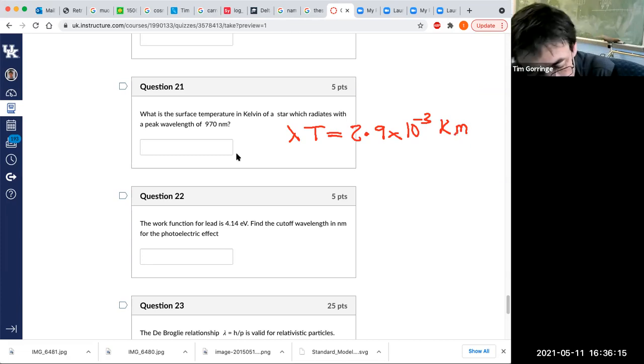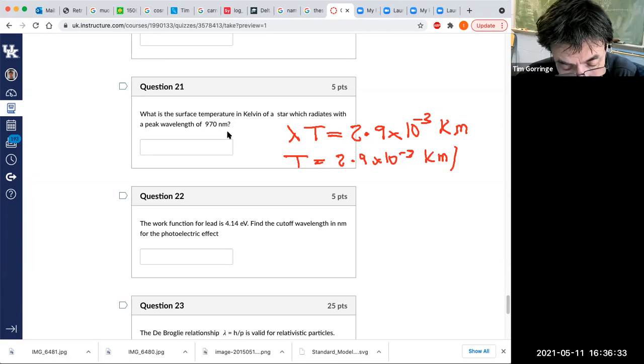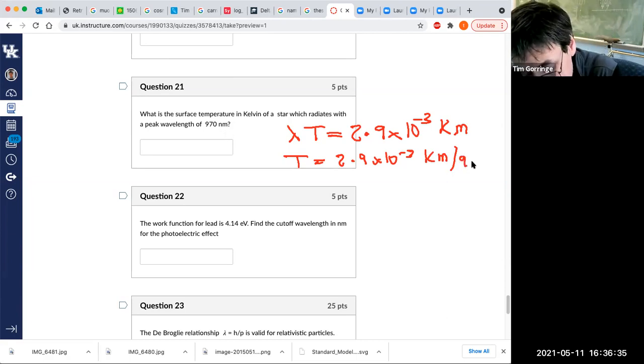If we know the peak wavelength, we can rearrange this for the temperature. The temperature will be 2.9 times 10 to the minus 3 Kelvin meters divided by 970 nanometers. That's 9.7 times 10 to the minus 7 meters.